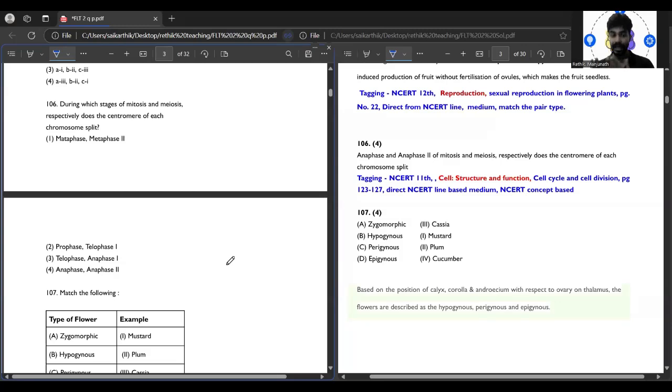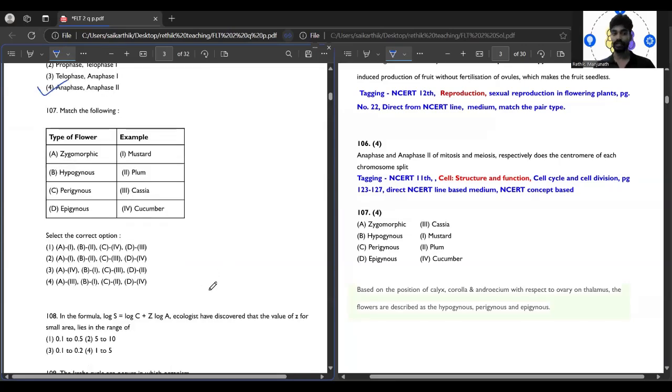During the anaphase, that is anaphase 2, of mitosis and meiosis, the centromere of each chromosome gets split and they get separated. Anaphase.